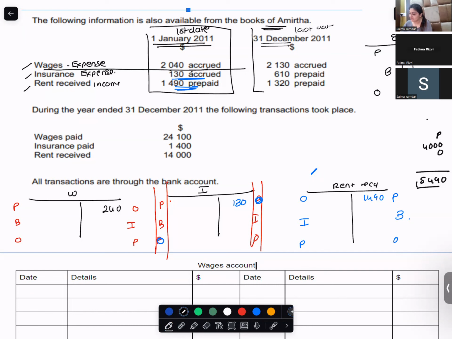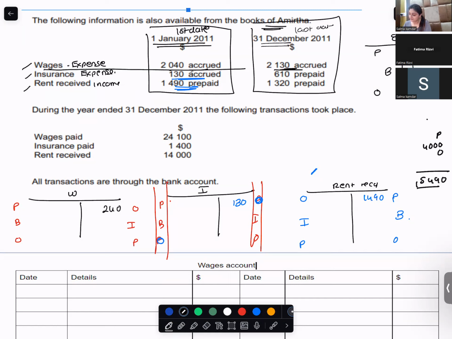Going for the last dates. Expense outstanding, debit side, last date. Okay, fine. Prepaid expense, same side?